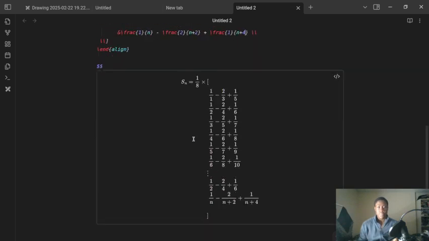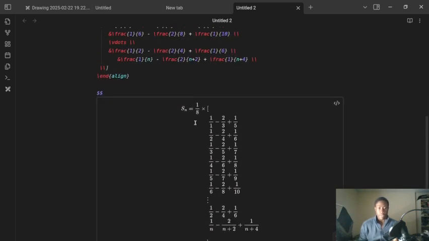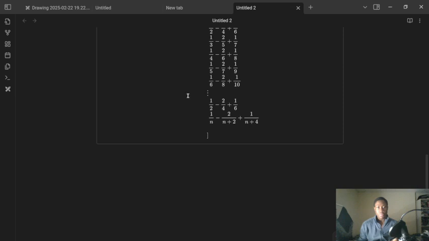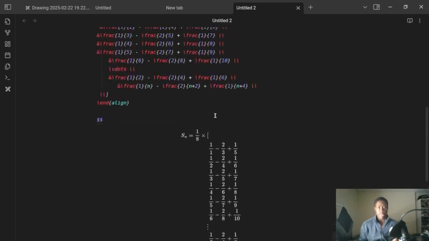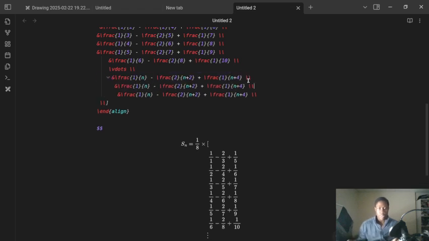But actually it might make sense to do that. So now, work backwards. Let's do that.